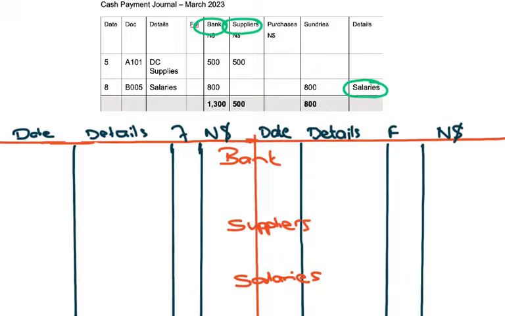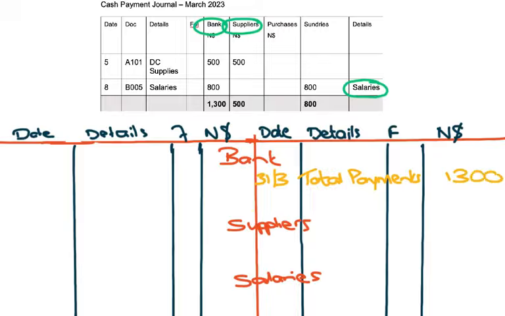So on my credit side of the bank, on the last day of the month, I will have various payments. Now, instead of posting each one separately, I will only say total payments.